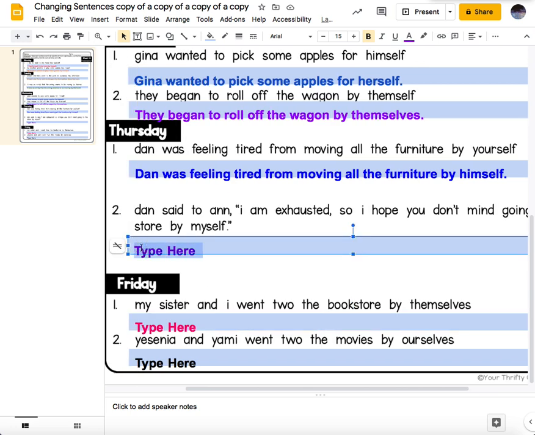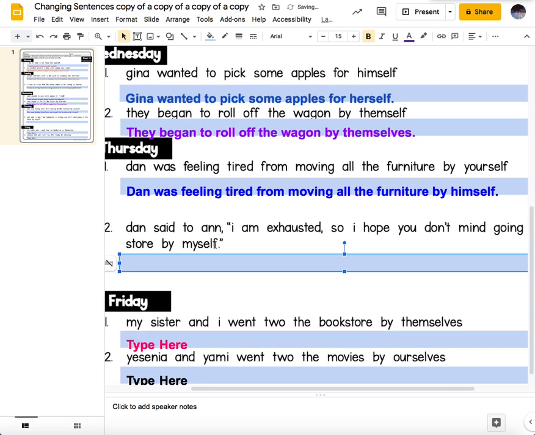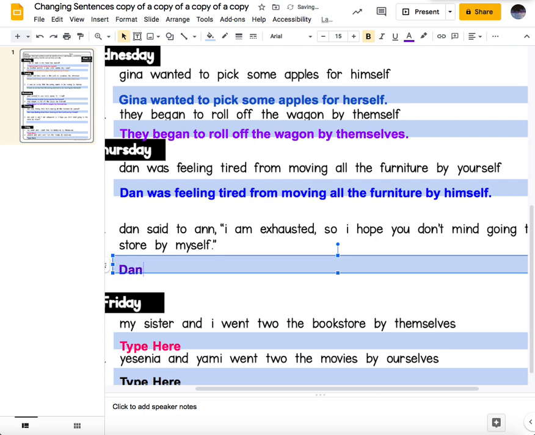Dan has to be capitalized. Said to Anne, Anne has to be capitalized, comma. And here's where quotation marks come. I has to be capitalized. I am exhausted, comma.